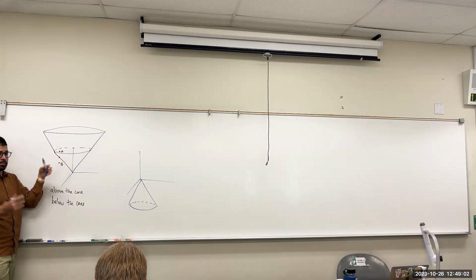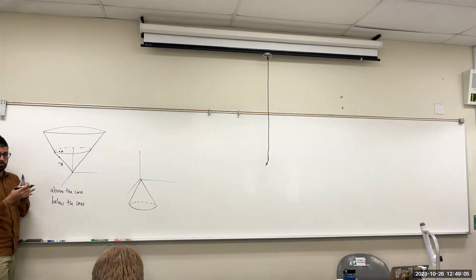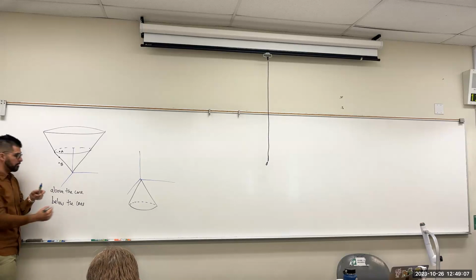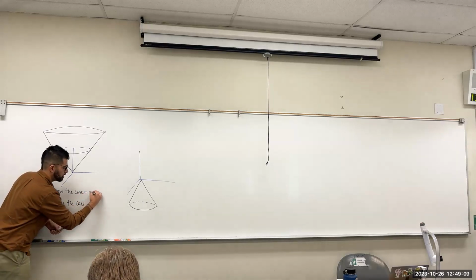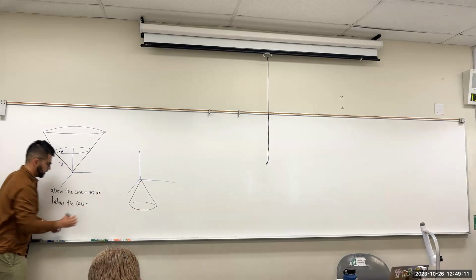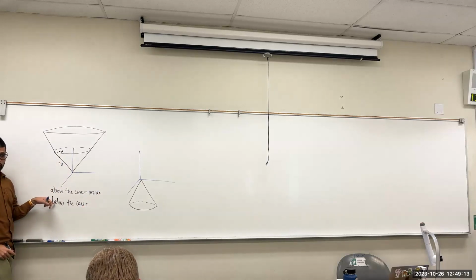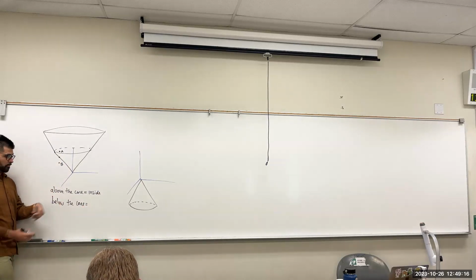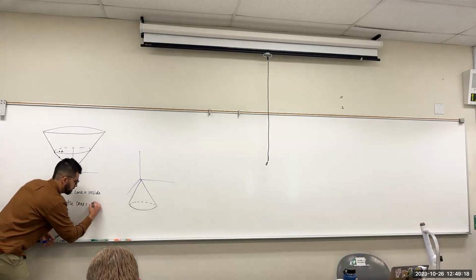So you see how that point is inside of the cone? If the cone's facing up, above the cone really means inside the cone, and below the cone really means outside of the cone.